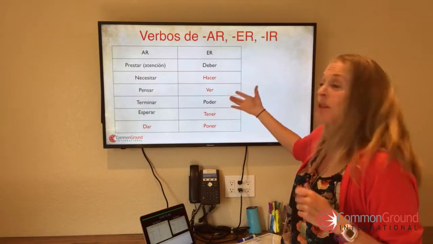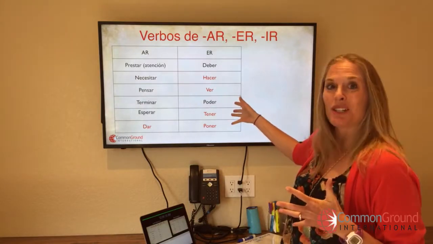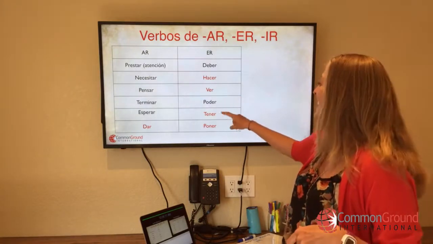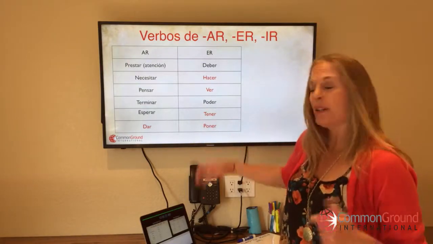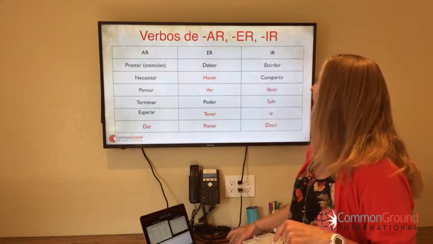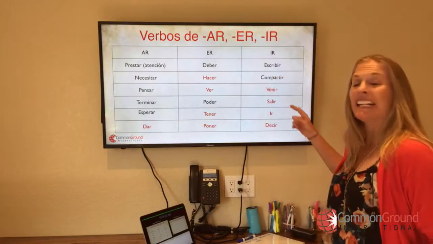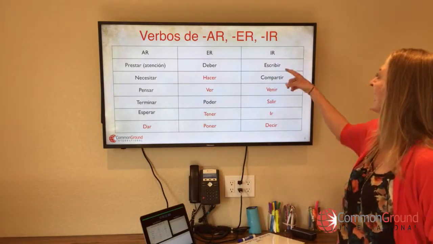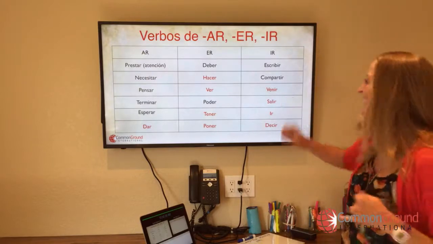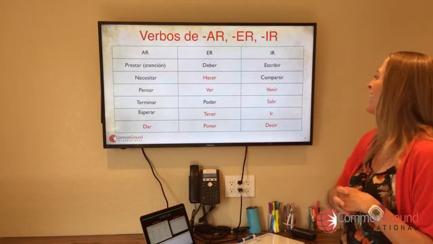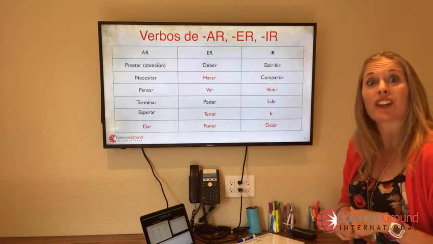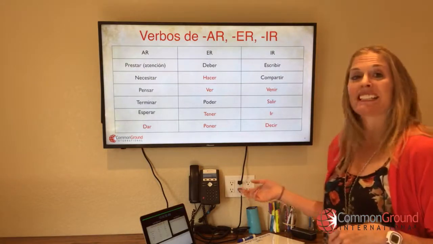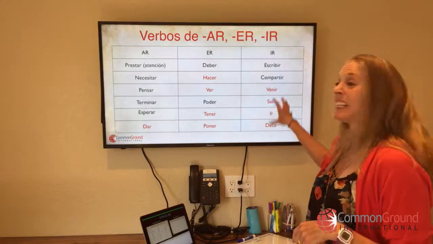Poder, to be able to, that's a stem changing, which we're going to talk about in the next lesson. Tener, irregular, to have, y poner, to put, irregular. Excelente. Y verbos de IR terminan en IR, escribir, to write, compartir, to share, venir, to come, salir, to leave, ir, to go, y decir, to say or tell, esos verbos irregulares.